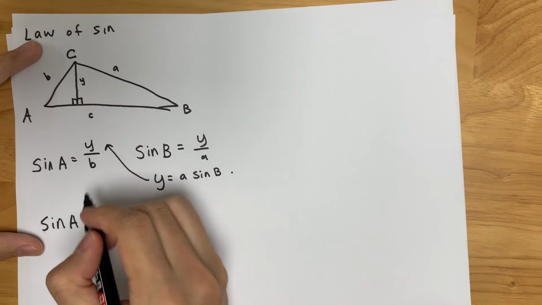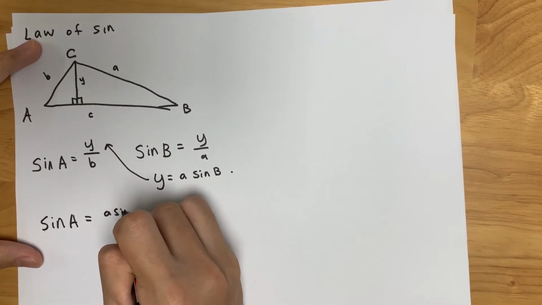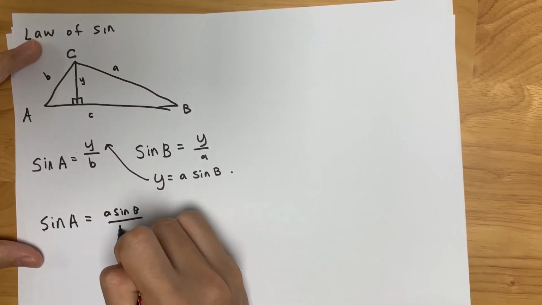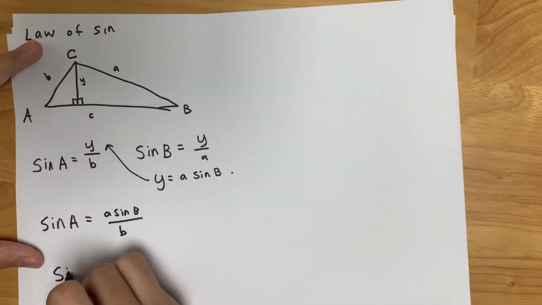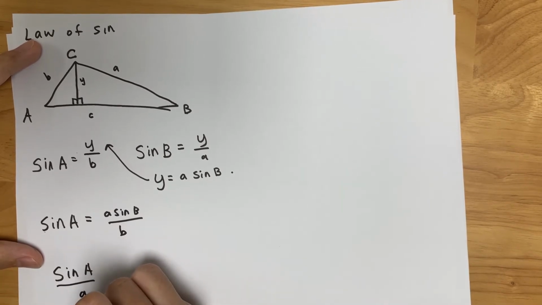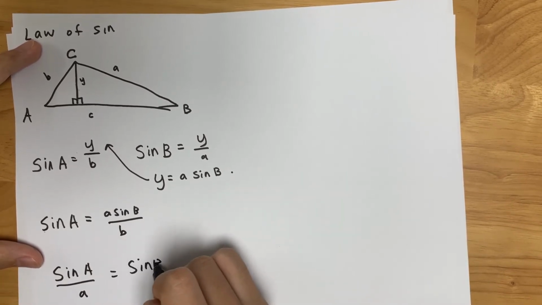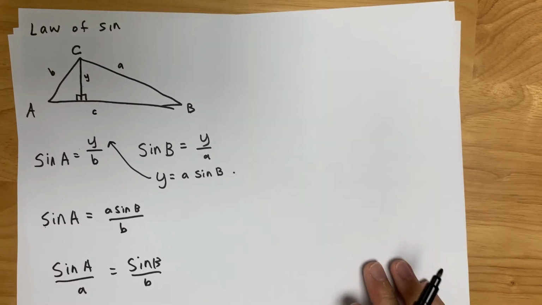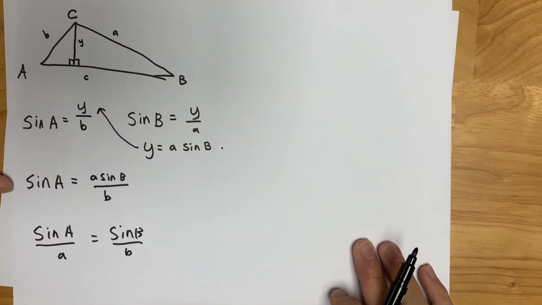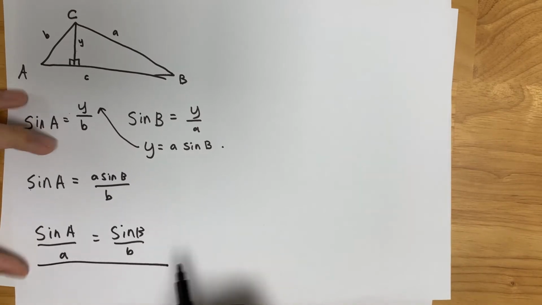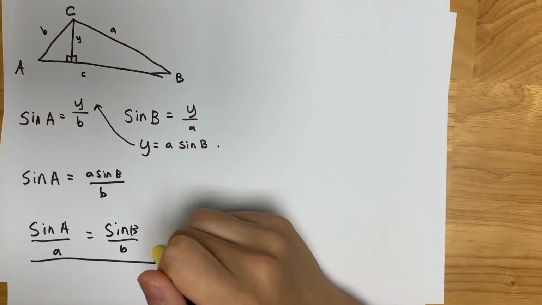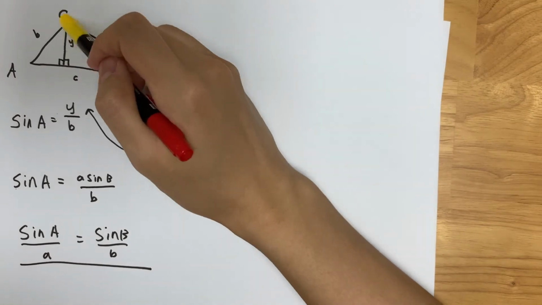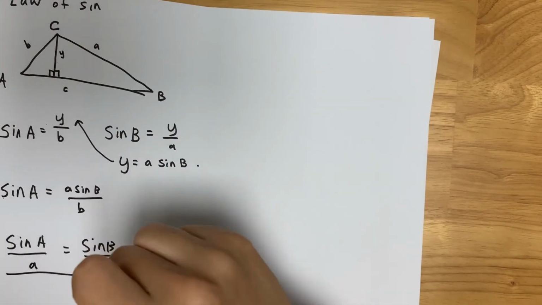Can you get this part? Right. Because of this, not only can we solve questions in right angles, but because of Pythagoras and this fact, we can use law of sine.